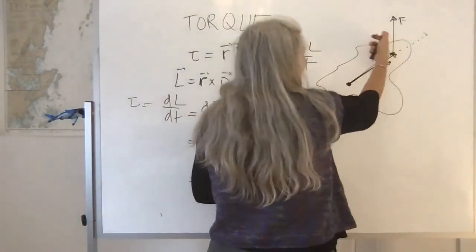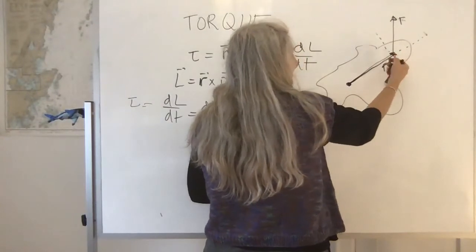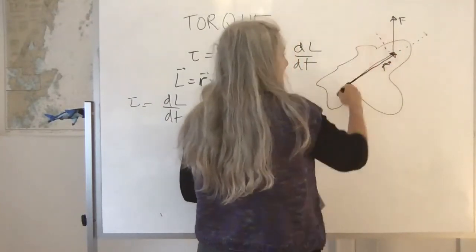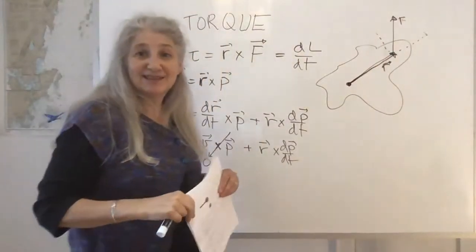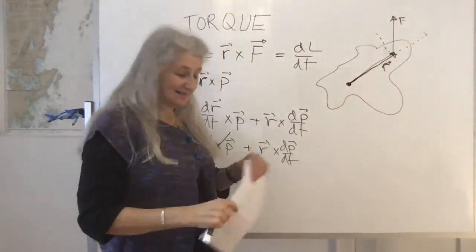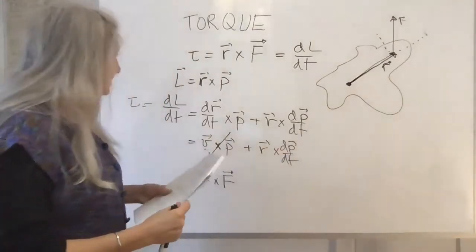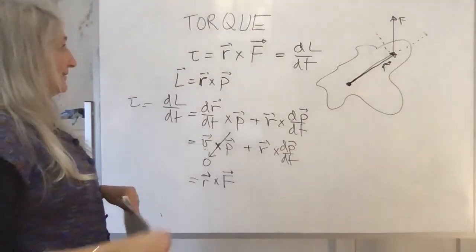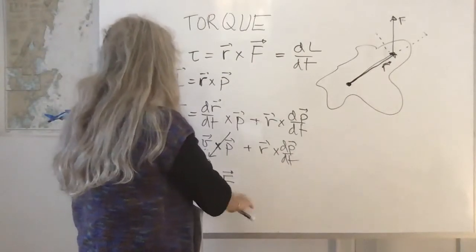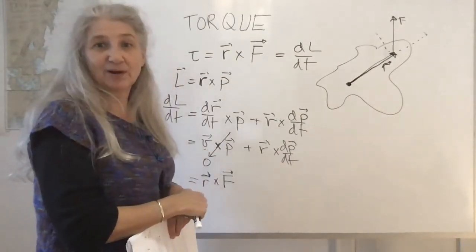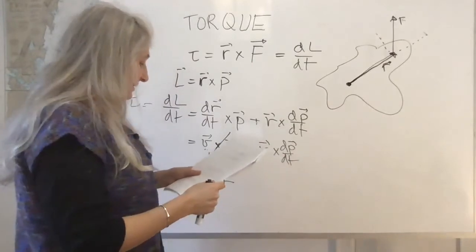And that's the part that, when you're allowing the body to turn, if this is the pivot point, goes into the angular acceleration of the body. So that's qualitatively why you get this cross product in the definition of torque for rigid bodies.